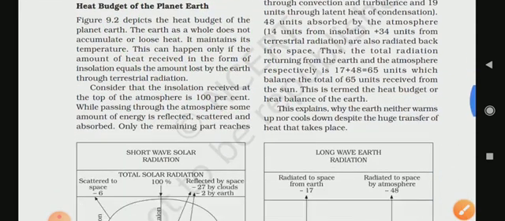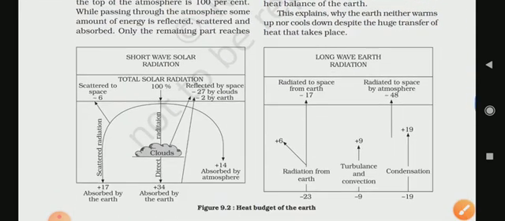Okay, here you can see in this diagram, students, you can understand it easily. This figure shows that there is a surplus of net radiation balance between 40° north and south, and the regions near the poles have a deficit.